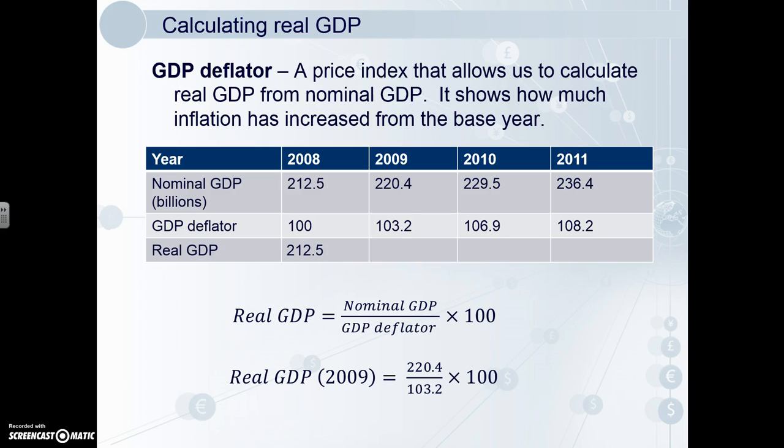Now that means the prices have increased 3.2% since the base year. Doing the calculation, real GDP comes out to be $213.57 billion. Again, we're careful to show our working, and use the units in our answer.